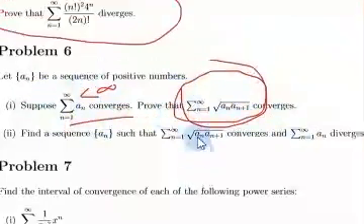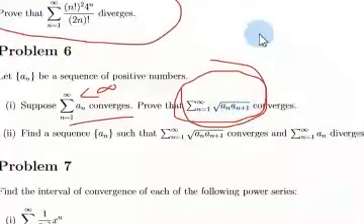Because here we have two consecutive numbers, how do you think about this problem?